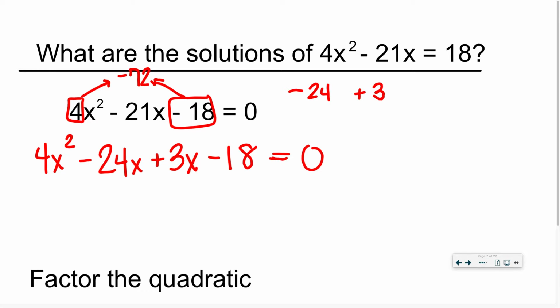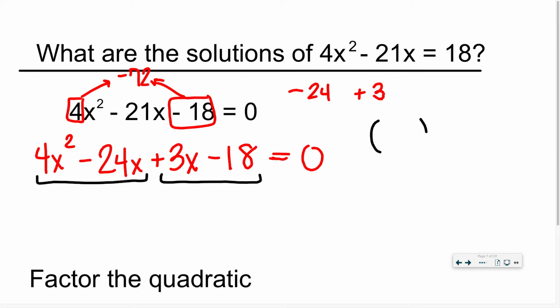Once it's broken out this way, how are we going to factor it? Yeah, we're going to find the greatest common factor of these first 2 and last 2 terms. At this point, you are unfoiling.